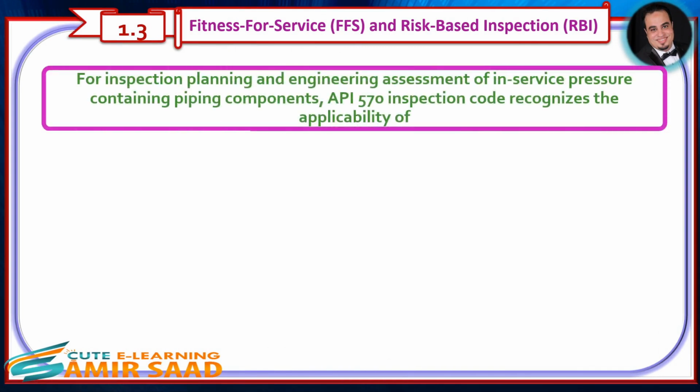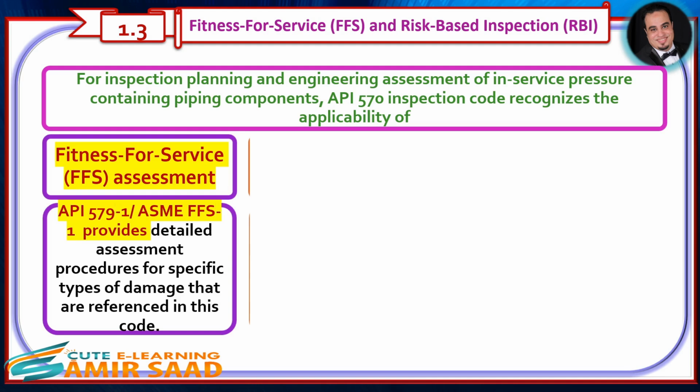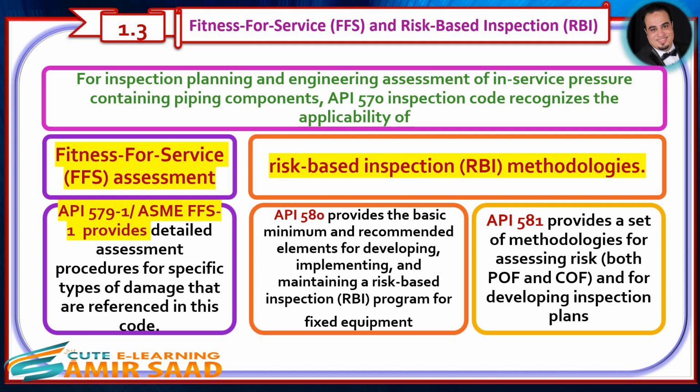Fitness for service, FFS, and risk-based inspection, RBI. For inspection planning and engineering assessment of in-service pressure containing piping components, API 570 inspection code recognizes the applicability of fitness for service, which provides detailed FFS assessment procedures for specific types of damage that are referenced in this code, and risk-based inspection, RBI, methodologies.